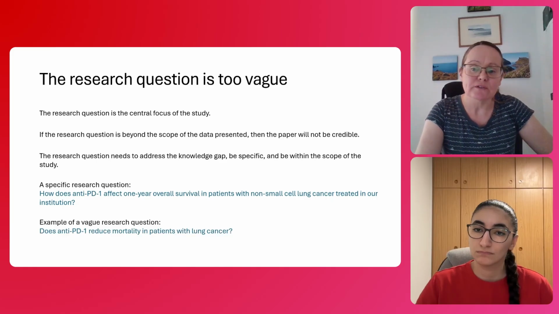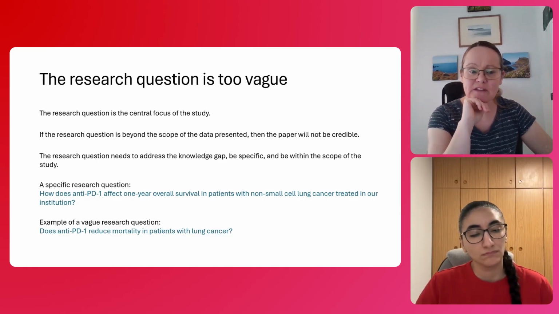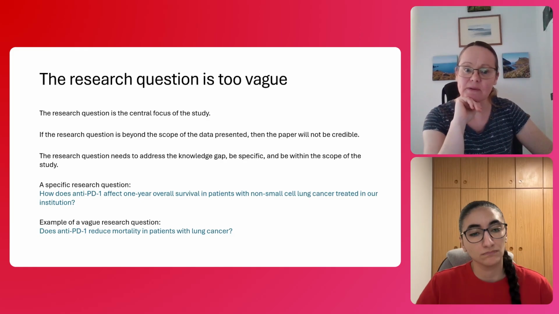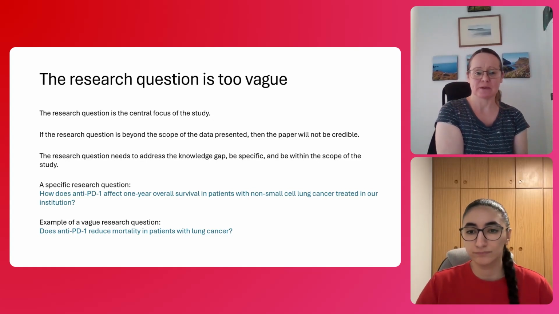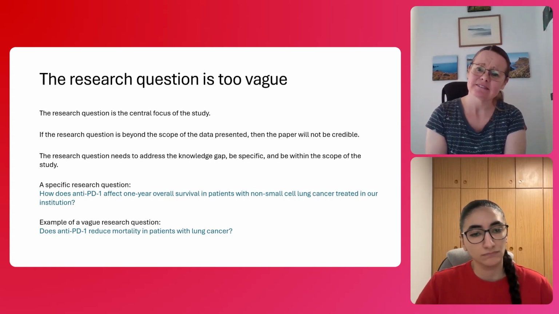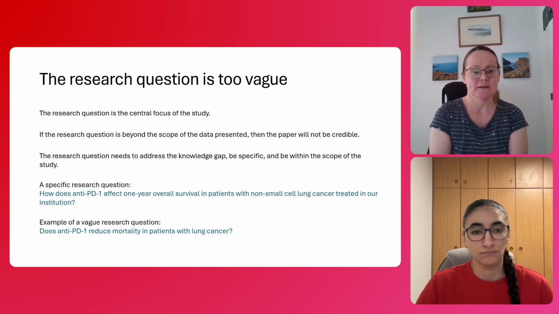Compare that with another version of the same research question. Does anti-PD-1 reduce mortality in patients with lung cancer? I think you can see that that's considerably more vague. Yes, we have the same specific treatment, but what do we mean by mortality? 1 year, 2 year? Are we talking about overall survival, disease-free survival? What do we mean by that?